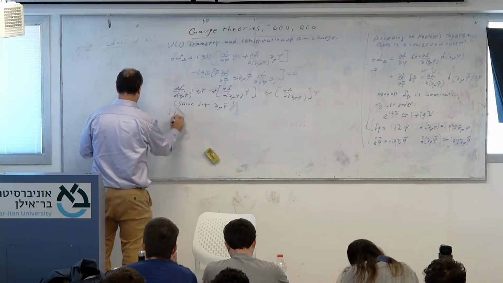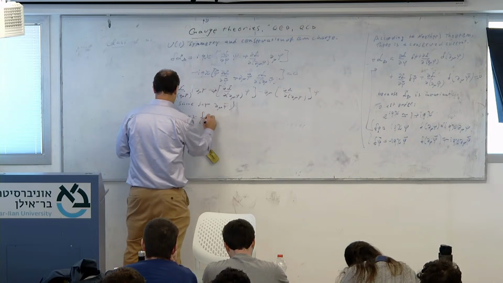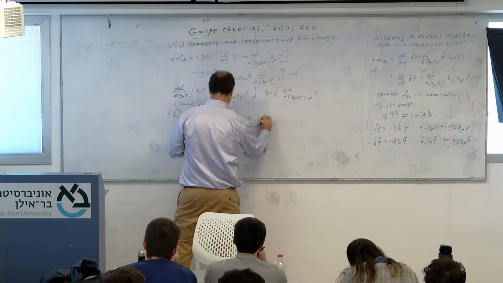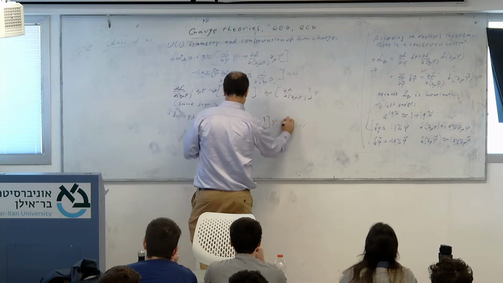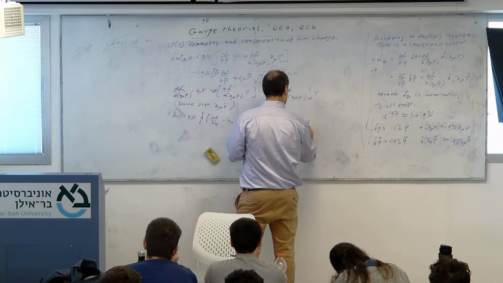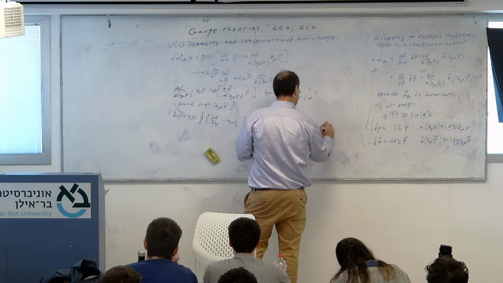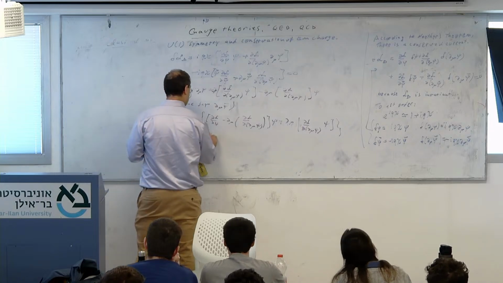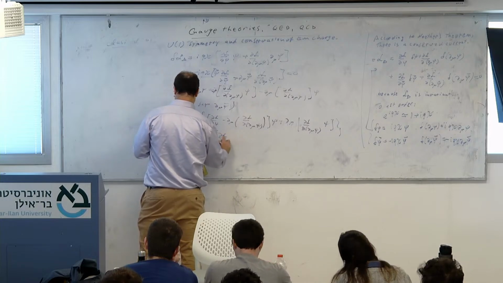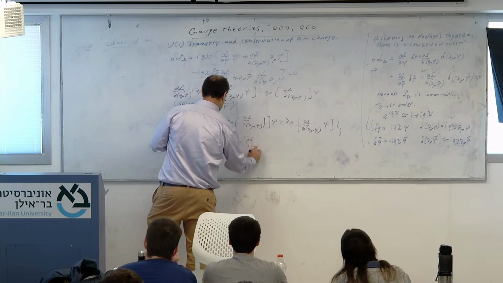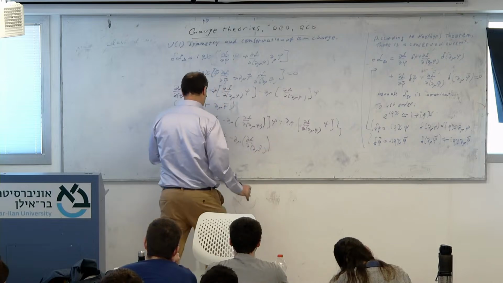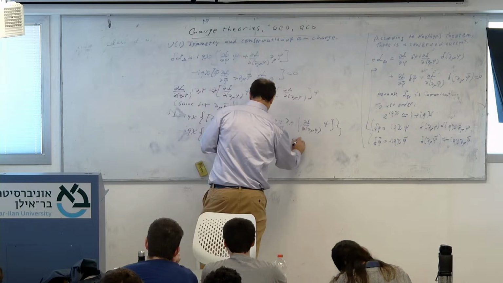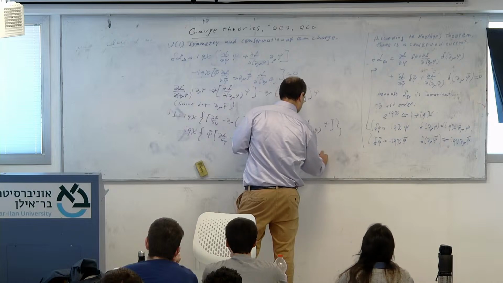And then we have delta L is i q chi times [dL/d psi minus d mu dL/d(d mu psi)] psi plus d mu of dL/d(d mu psi) psi, minus i q chi times psi bar [dL/d psi bar minus d mu dL/d(d mu psi bar)] plus d mu of psi bar dL/d(d mu psi bar).